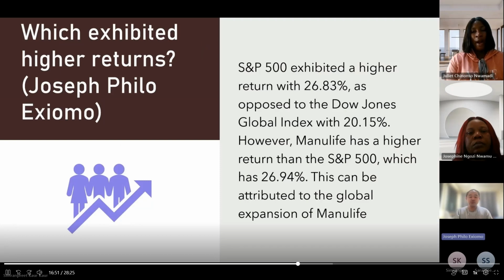Between the two, S&P 500 has a higher return, but when you include Manulife, Manulife has the highest return of the three. It has 26.94, which is 0.11% more than S&P 500. And this can be attributed to the global expansion program of Manulife. So next slide.